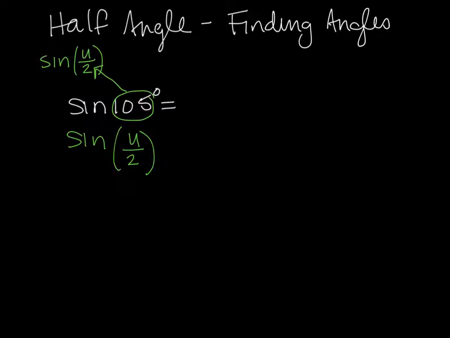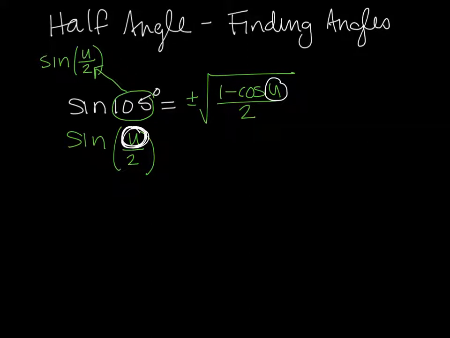Now, if you look at the formula for half angle, I have plus or minus the square root of 1 minus the cosine of u, over 2. When they say the cosine of u, they're talking about this angle right here, which is whatever we figure out. So we have to figure out what number divided by 2 gives me 105, which hopefully you've already thought about: I can just take 105 and multiply it by 2.